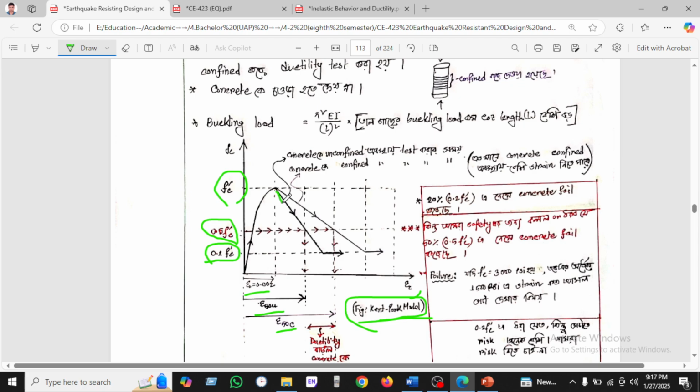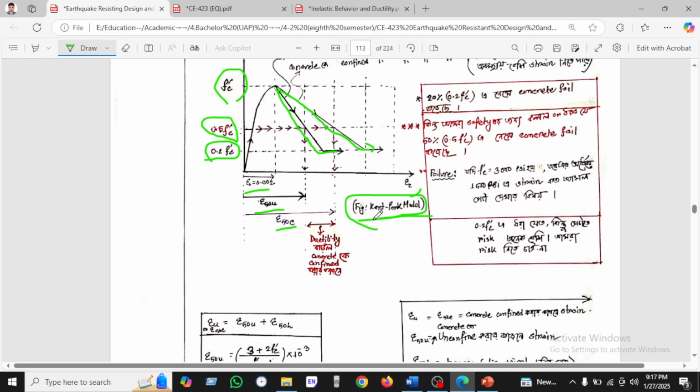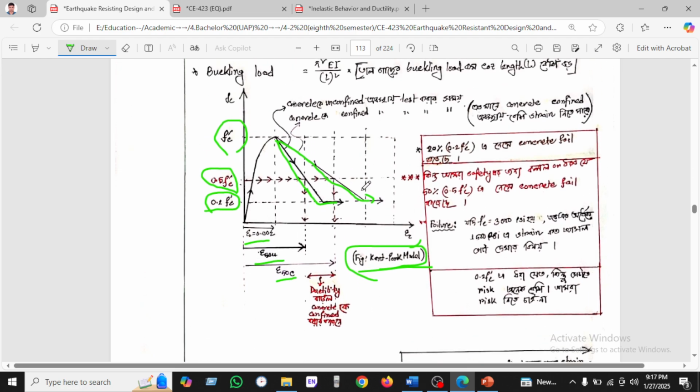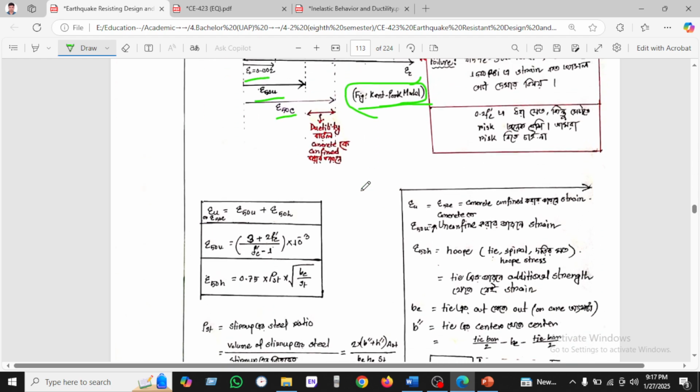This line is given when the concrete is unconfined. When concrete is confined, we can say the result will be like this one.